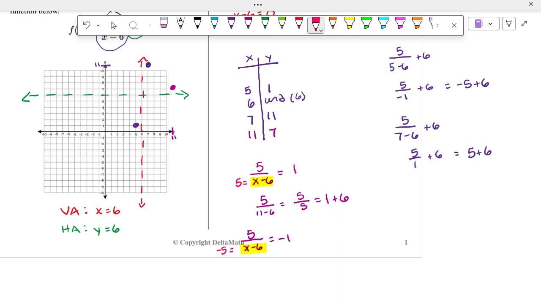So what value of x, if I plug it in and subtract 6 from it, would give me -5? 1. So that's my other x value. To check myself, I have 5 over 1 minus 6, which is equal to 5 over -5, which is -1. And then to finish it up, I just need to add the 6. So what would that be? 5. And that's the y value. So my other point is at 1, 5.